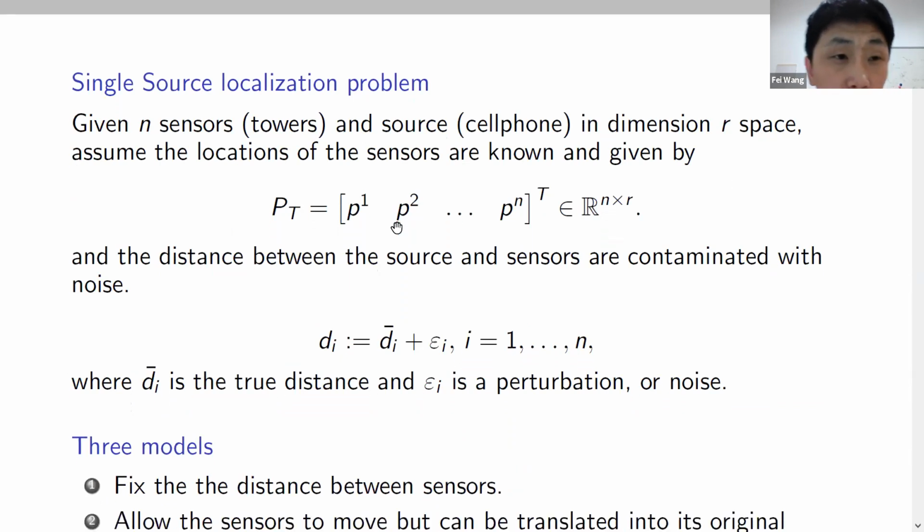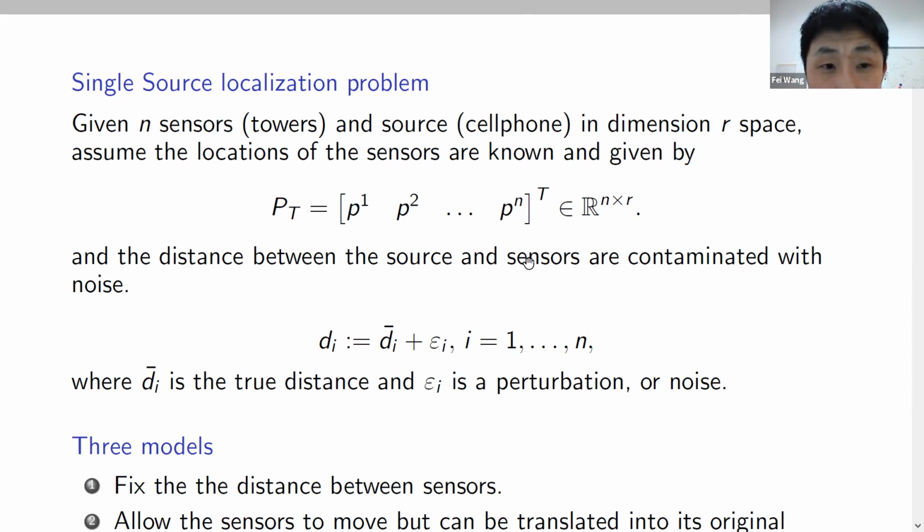The background of the problem is that we consider the single source localization problem. The problem is the following: we are given n sensors, which we also call towers. The towers can send and receive signals, and we have a source, which is a cell phone in R^r space.